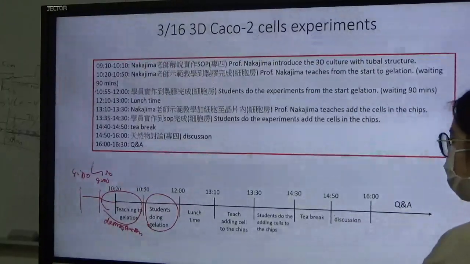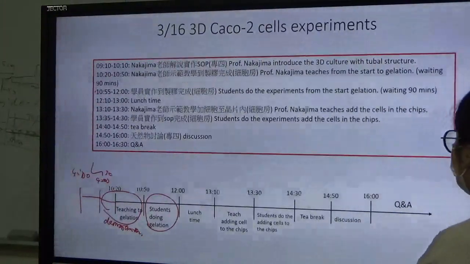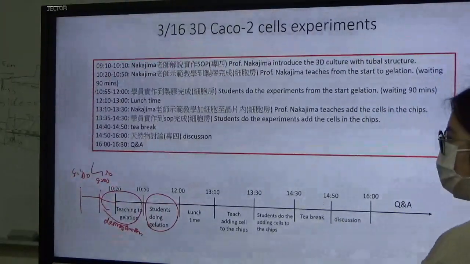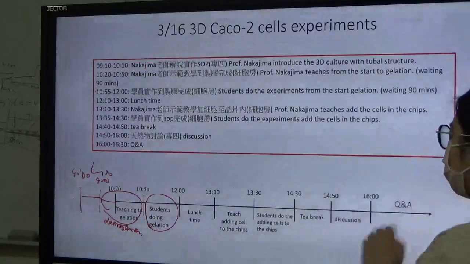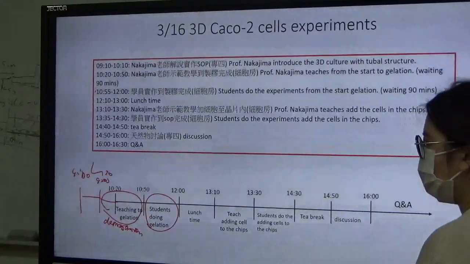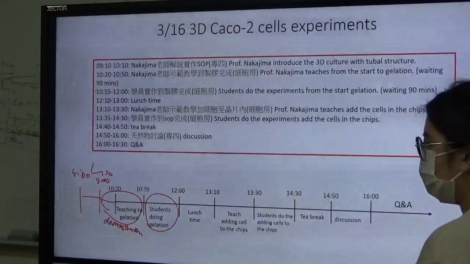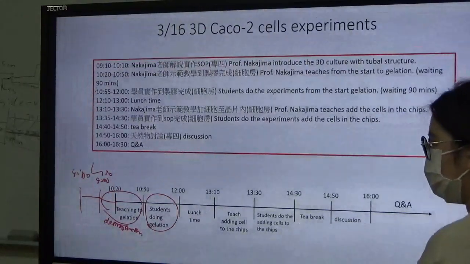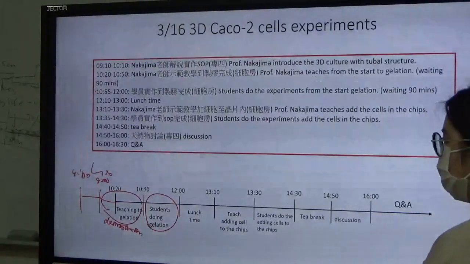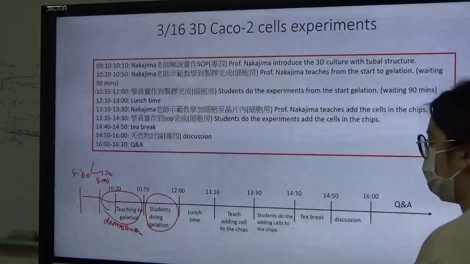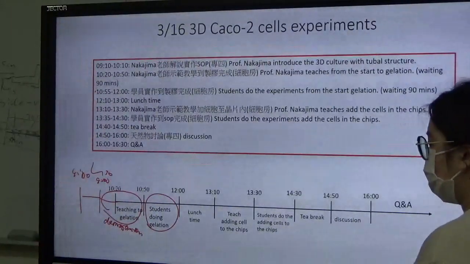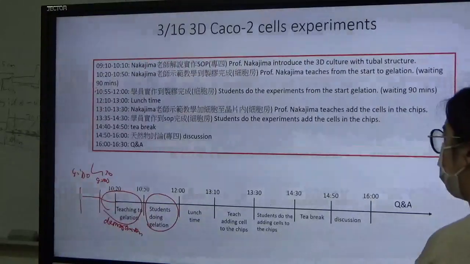Is there any question? Okay, so I also hope they can prepare the SOP you gave us and copy it. One copy per student is okay. So maybe tomorrow it will be easier for everyone to understand.